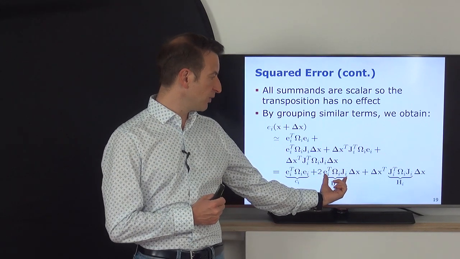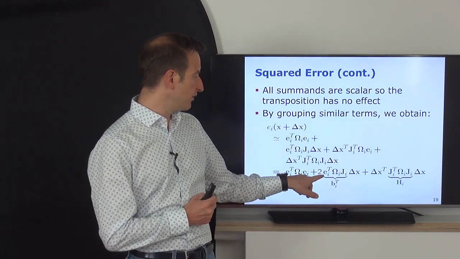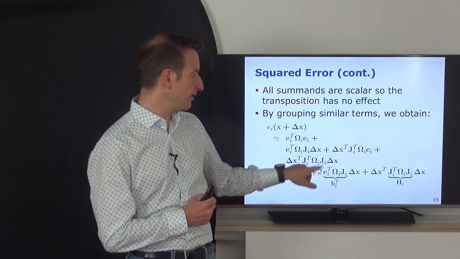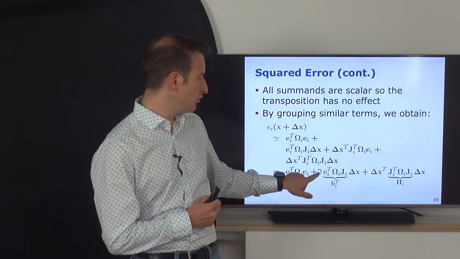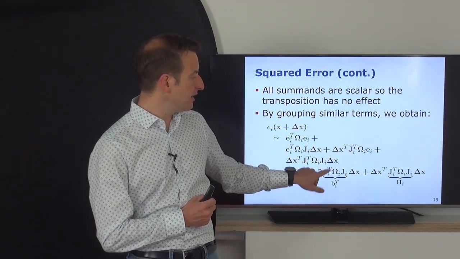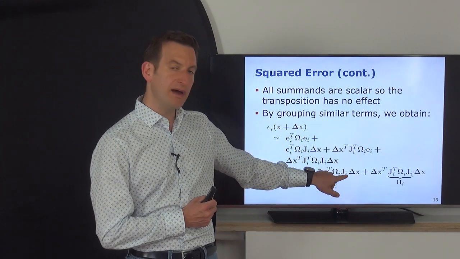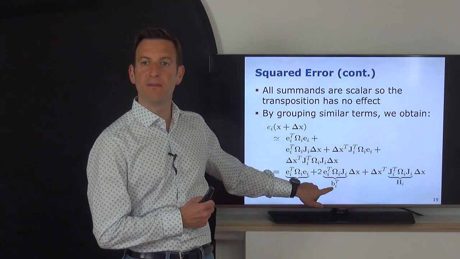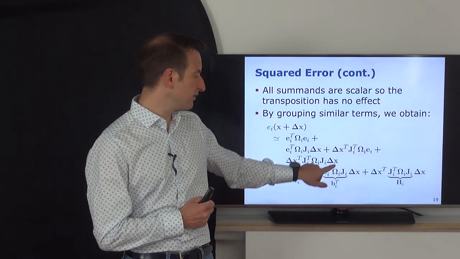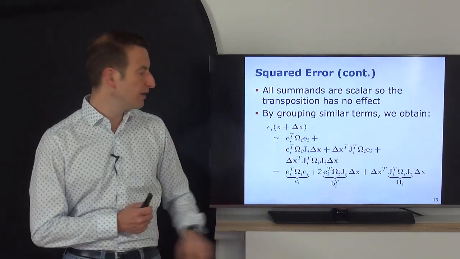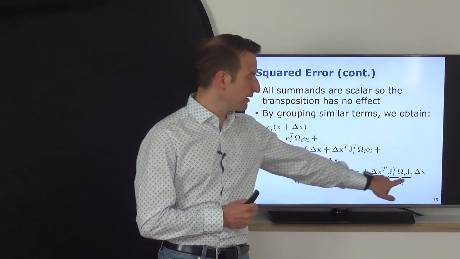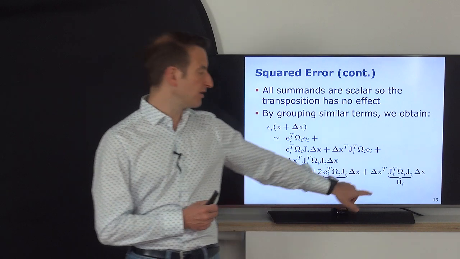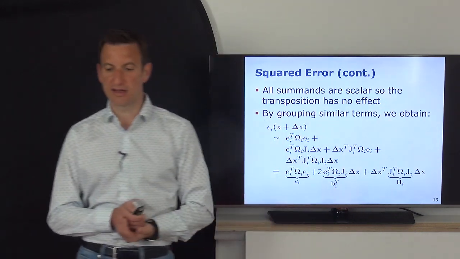Then we have a second term which we regroup, which contains the elements here of my error vector, and these are basically all the linear elements. So this is 2 times, and then this expression ei transposed omega i Ji, and these elements here I replace by bi transpose, so by a vector bi, so this is a vector times delta x. And here is a quadratic term, and again, all the quantities which do not depend on my delta x, I summarize in one variable here, Hi, and then I have a quadratic element in here.